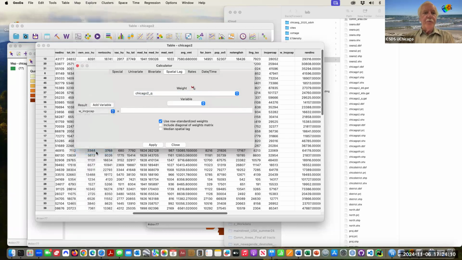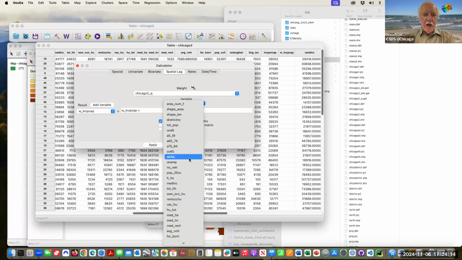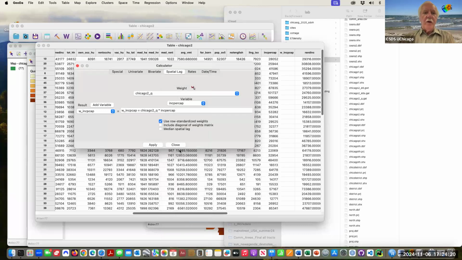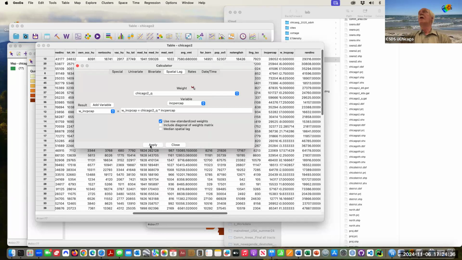Here it is. And the variable that we're computing the spatial lag for is income per capita. You leave this alone. We use row standardized weights. That assures that it's an actual average of the neighbors. So we're averaging the neighbors. If you apply, then of course our blank column gets filled. And now we have the average of the neighbors.